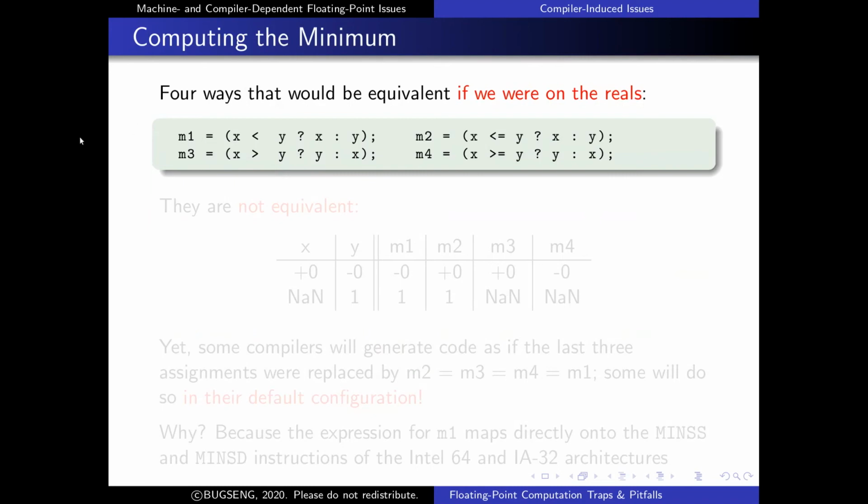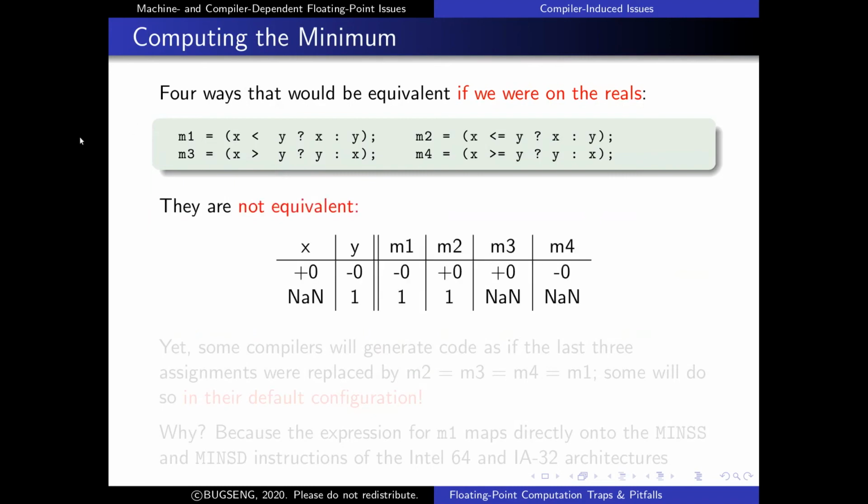Whereas in IEEE 754, they are not equivalent. You can see it from this table. You take the possible inputs for x and y, +0 and -0, and you would see that you get different results. And if you take the values NaN and 1, you will see that you get different results. So M1 is different from M2, different from M3, different from M4. None of those is equivalent to any other.